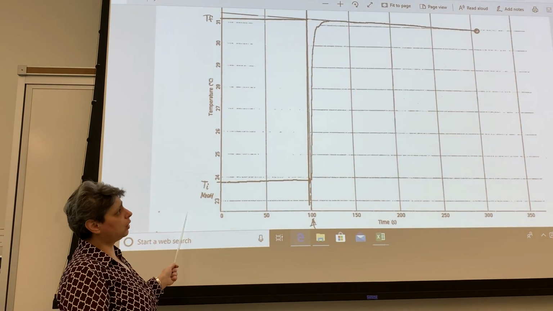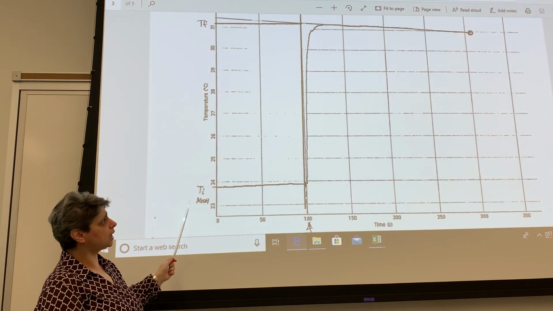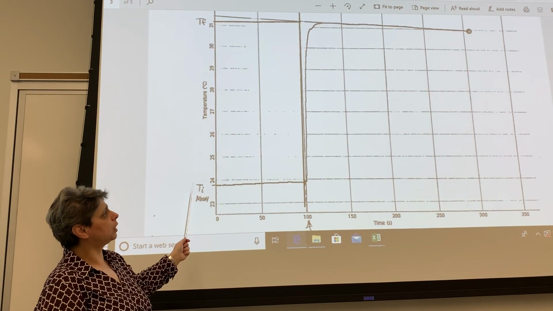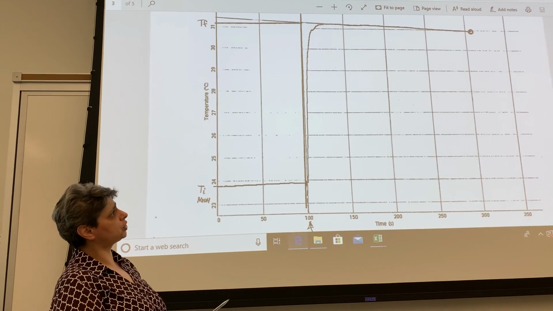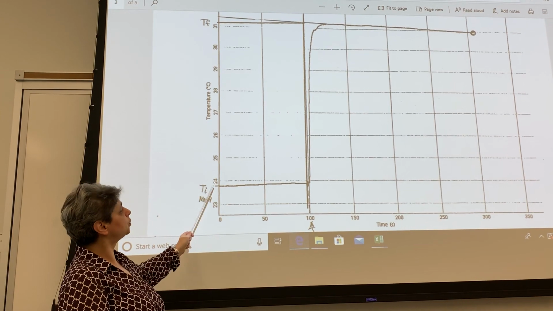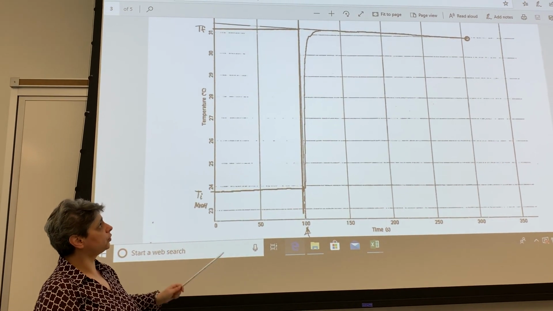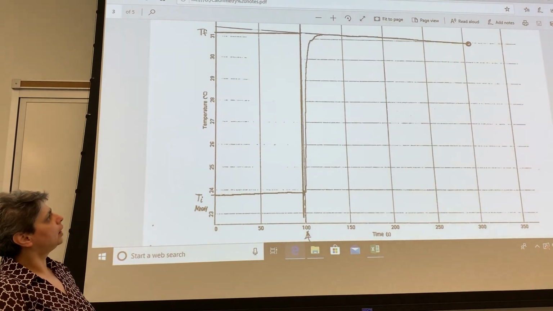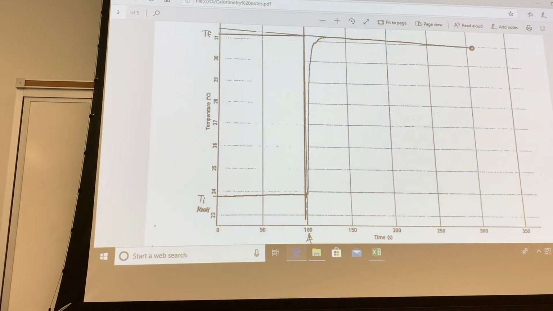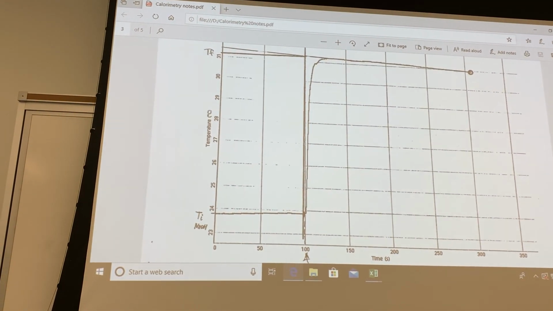So if you were to do this experiment in class, you would be able to follow these temperature changes on the screen of the data logger, and then you would print a curve like this, and you would find your own delta T. Next, we're going to look at part C.